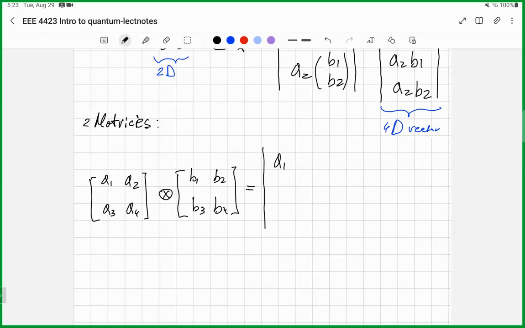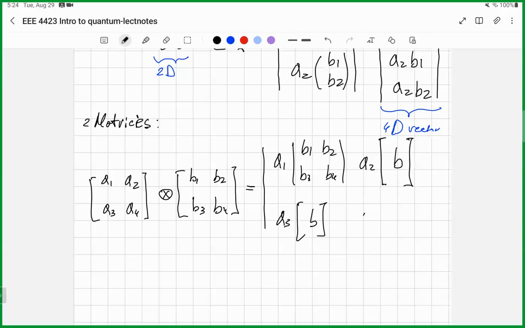So the first component is multiplied by B1, B2, B3, B4, then the second component again multiplied by matrix B, then the third component by matrix B, and the fourth component also multiplied by the entire matrix B.